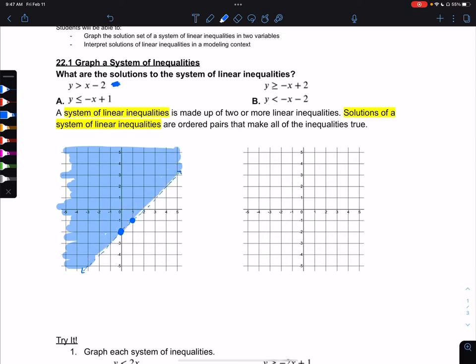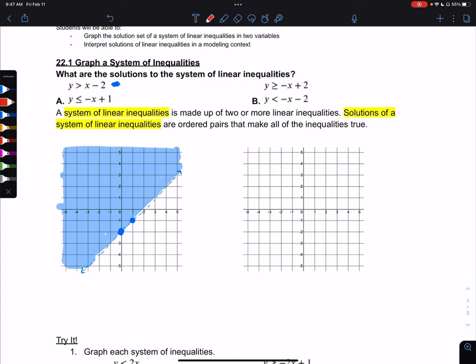Shade this as best we can. Well, that wasn't supposed to happen. Okay, so we've shaded that first one. That's the solution to our first inequality.